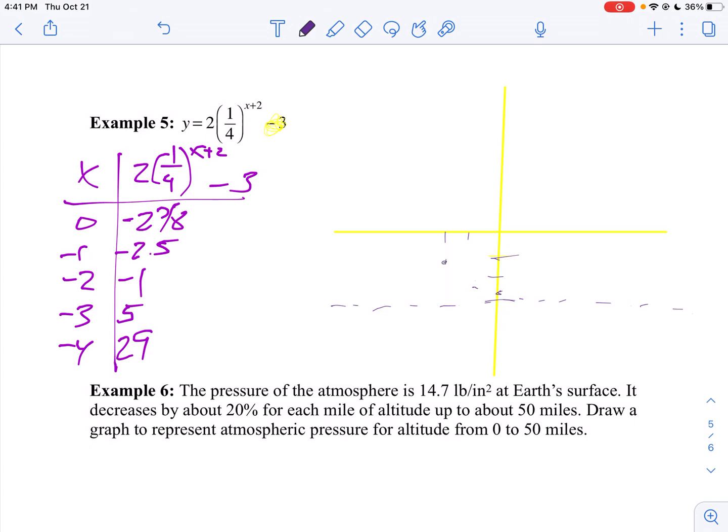When I'm at negative 3, I'm going to be at 5. And then when I'm at negative 4, I'm really off the graph up here at 29. So my graph looks like that. And notice it has a horizontal shift of 2 to the left, isn't it?